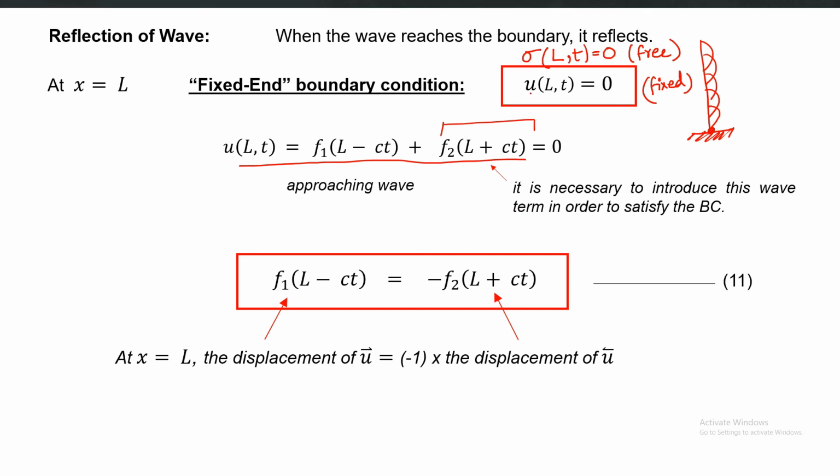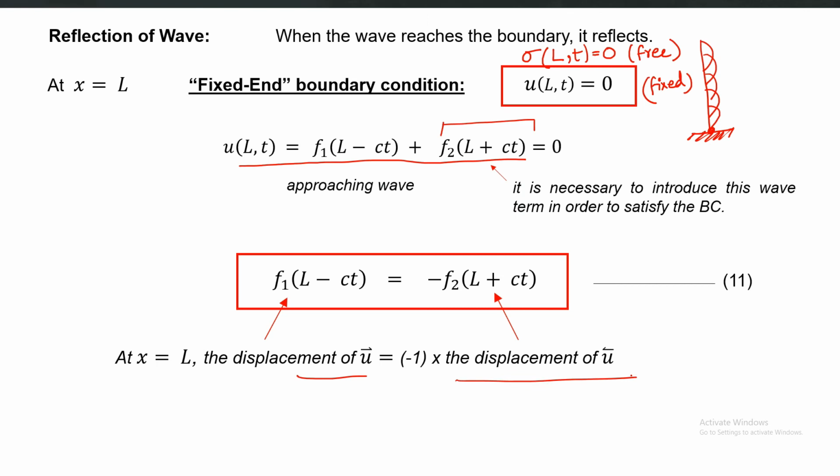So the approaching wave will have the minus of the reflecting wave, which means that in this case the displacements directly will cancel out each other. Basically they will have opposite signs. So at x equal to L, the displacement of the approaching wave is minus of the displacement of the reflecting wave. And this is exactly what you have seen in that video also.